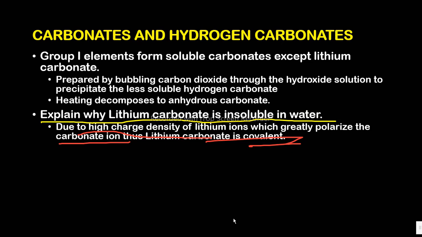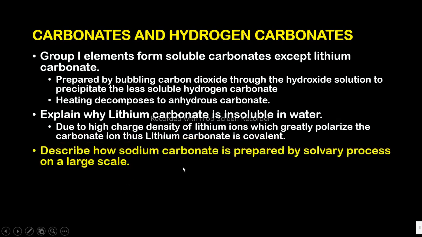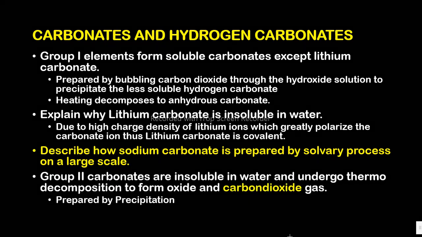But now for group 2 carbonates: describe how sodium carbonate can be prepared by the Solvay process. On a large scale, it is the same that we have just discussed. Now for group 2 carbonates, since they are insoluble in water, they will be prepared by precipitation.